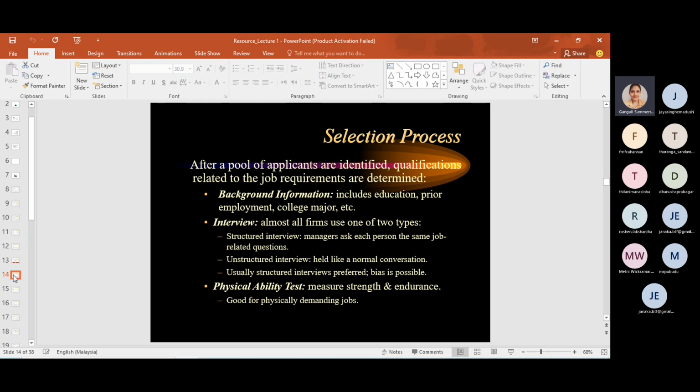A physical ability test is to measure your strength and your physical abilities, to check whether your physical abilities suit the job or not, just to make sure whether you are strong enough to do your job or not.